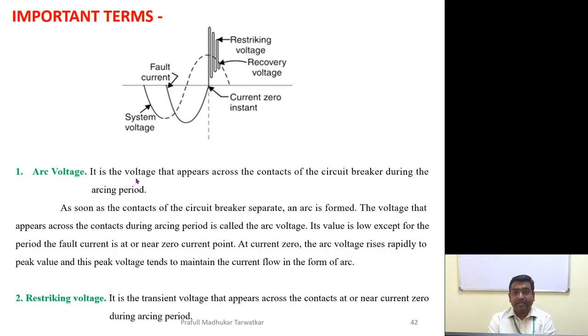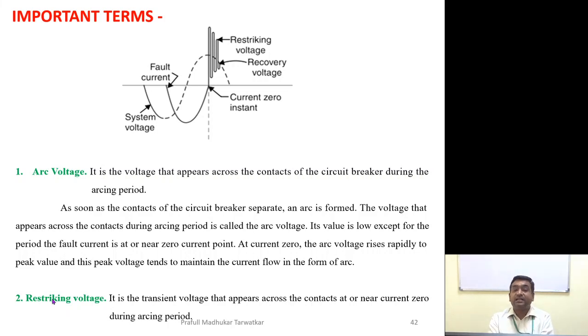It is the voltage that appears across the contacts of the circuit breaker during the arcing period. That means when the arc is formed between these two contacts, they have a potential difference between them. This potential difference is called the arc voltage.